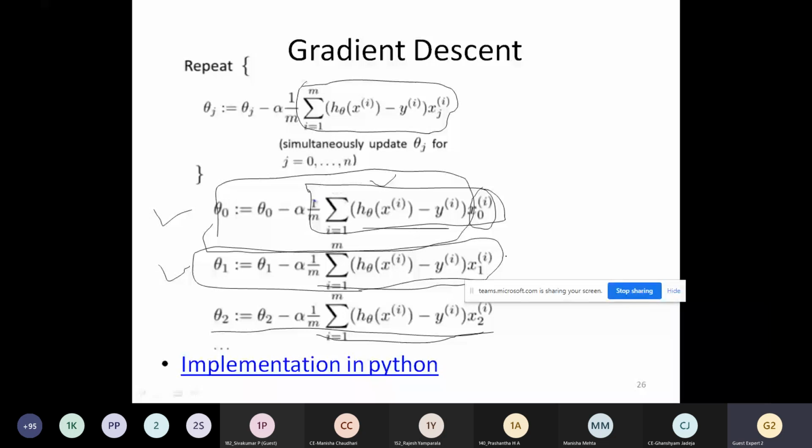So these are the equations. Now the implementation of multivariate regression is the same as simple regression, but here the values of not only theta 0 and theta 1, but all thetas will be derived. The program I will show you after completing logistic regression.